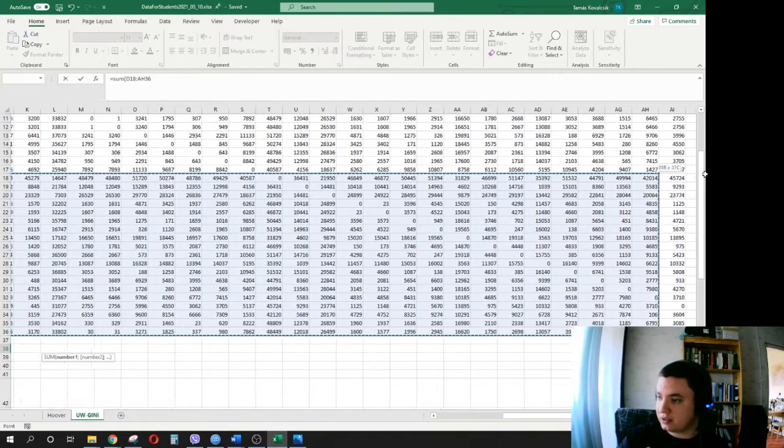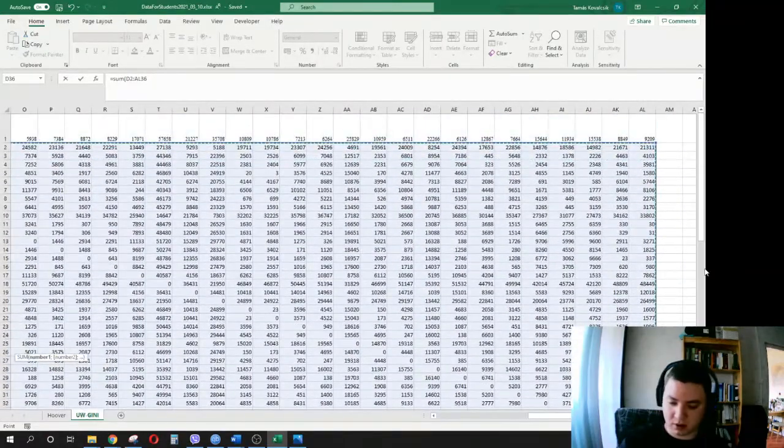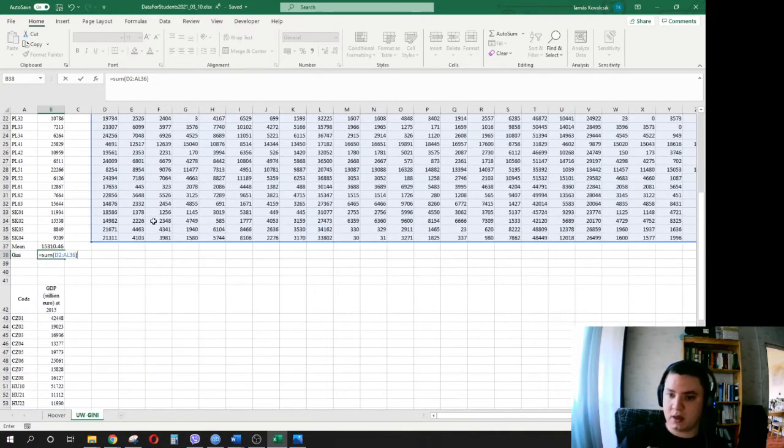Select all of the numbers which we calculated, open bracket, close bracket, and divide by open bracket 2 multiplied by how many units there are in the Visegrad 4 countries.